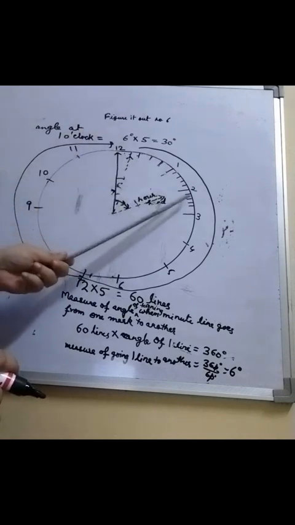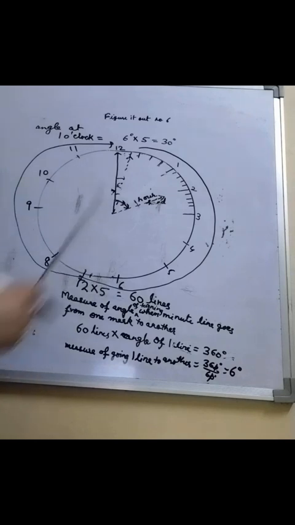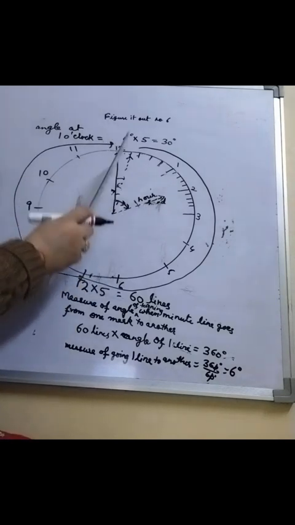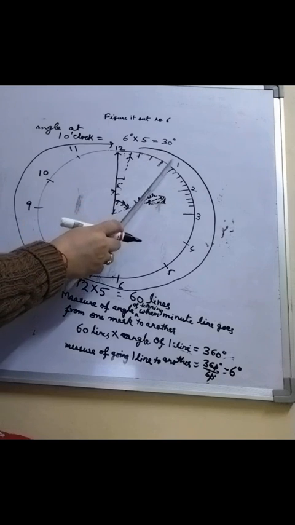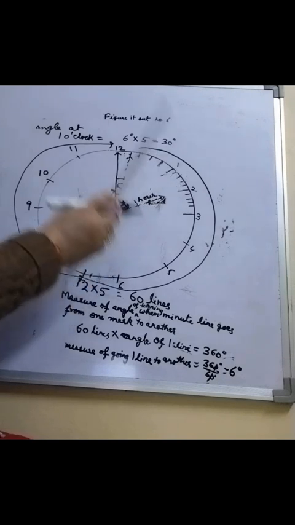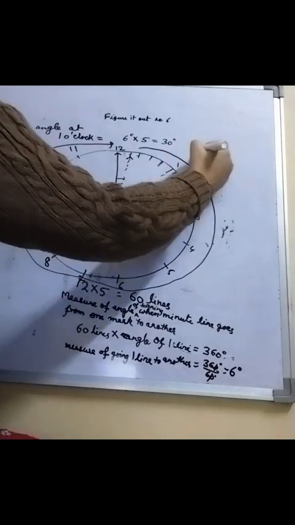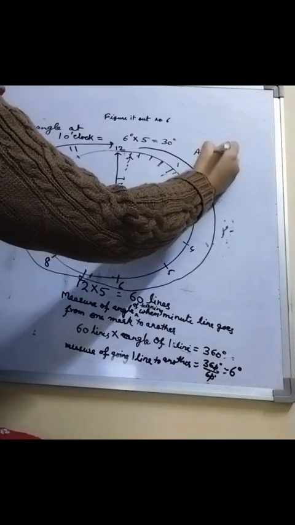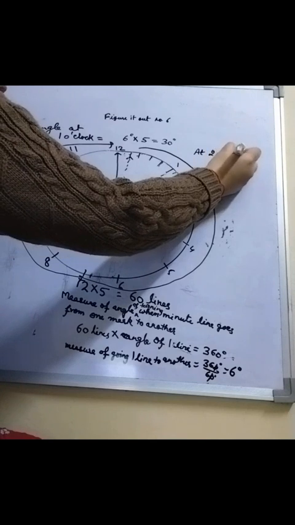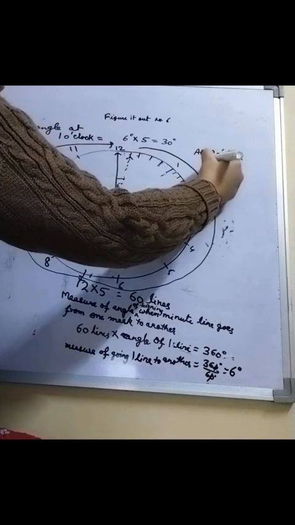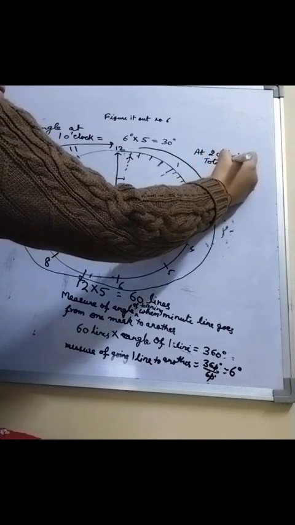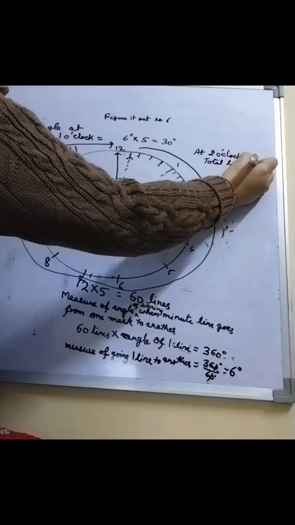So, how many lines has it covered? These two rays. So, 1, 2, 3, 4, 5, 6, 7, 8, 9 and 10. So at 2 o'clock, total lines are 10.